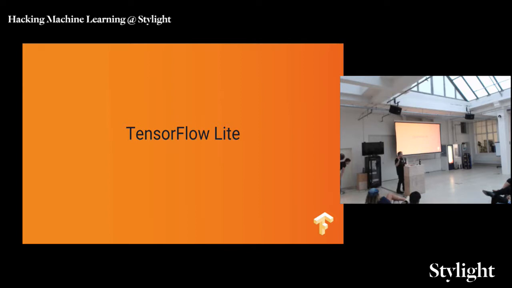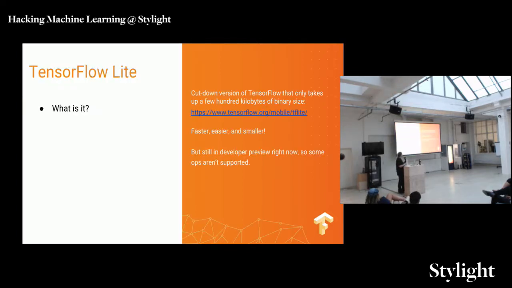And there's going to be a more detailed presentation on TensorFlow Lite after this. This is a version of TensorFlow which is much smaller than the traditional full TensorFlow. On mobile devices, the smallest that TensorFlow can get in terms of code size is about 1.5 megabytes.